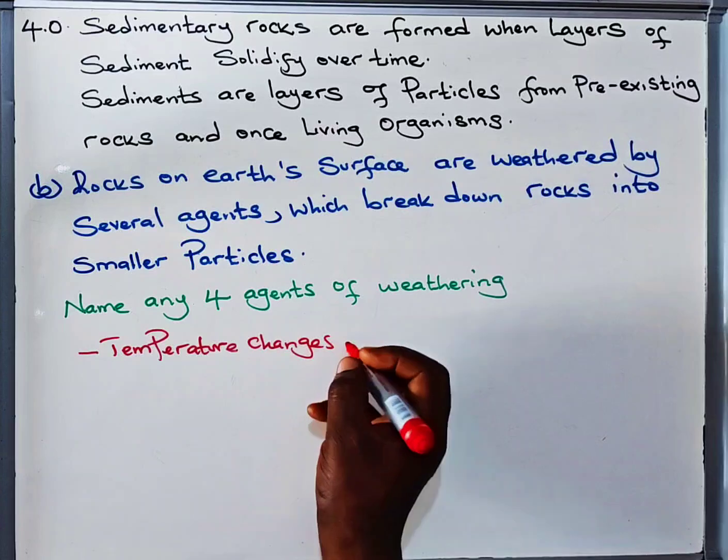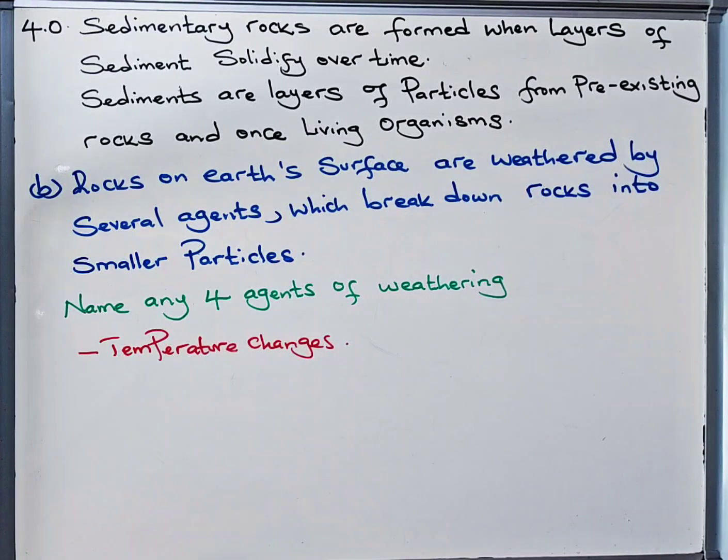We need to know that when temperature increases, the rock expands, and when temperature decreases, the rock contracts. So that expansion and contraction tends to break the rock, and that breaking is what we call weathering.